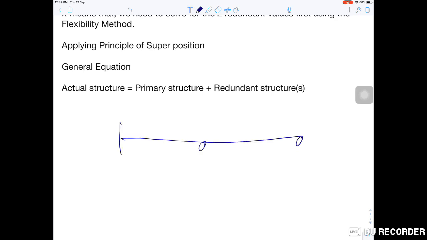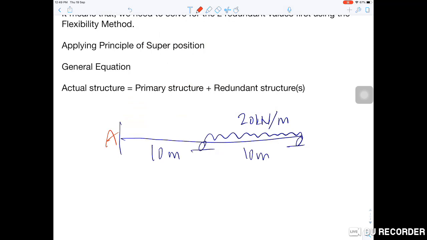Okay, let's say we analyze a beam like this. Let's say this is 10 meter, 20 kilonewton per meter.